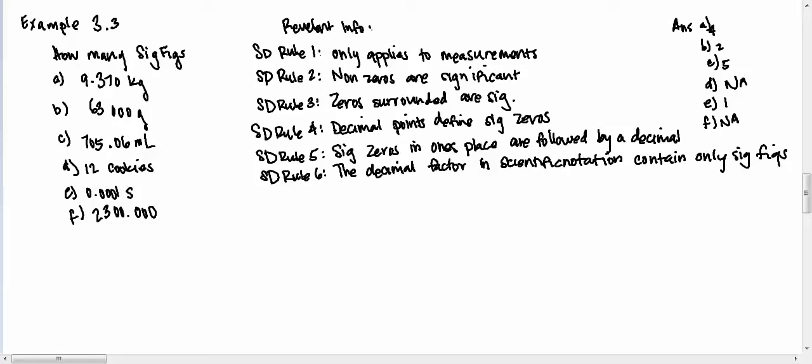The first one is that significant figures only apply to actual measurements. If I have a straight-ahead number, then I'm not talking about significant figures, like how many fingers you have. Normally people have 5 fingers on each hand, and there's no question in how many there are.